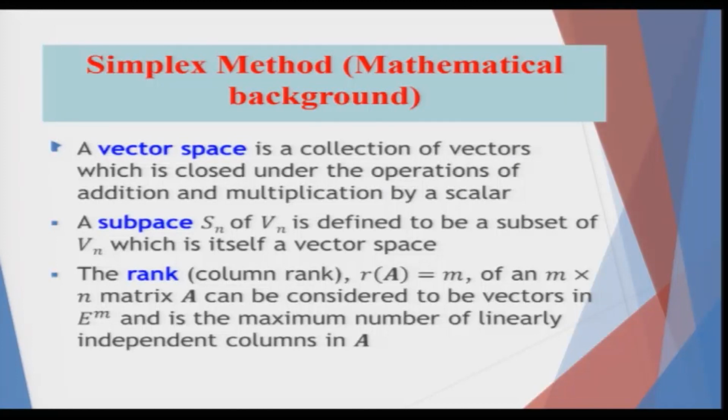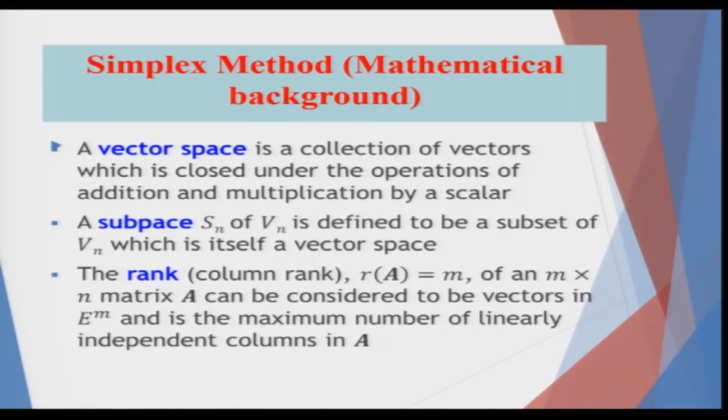A vector space is a collection of vectors which is closed under the operations of addition and multiplication by a scalar. Remember that I am saying this because when we come to the concept of basis and the basic solution, based on which we will start the solution, it would give us the answer. So, there are many vectors which make the space, a collection of vectors which is closed. That means any addition would always lead into the same space.